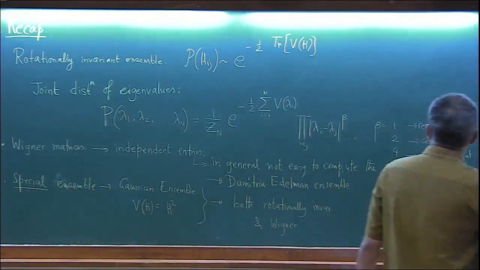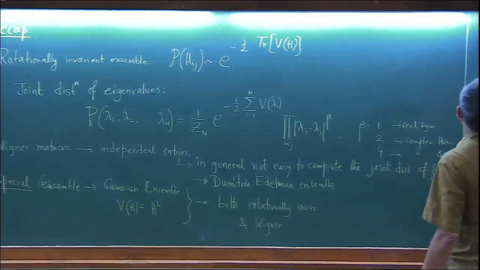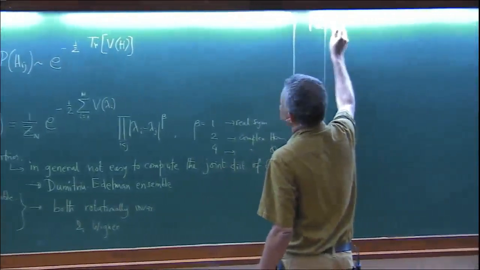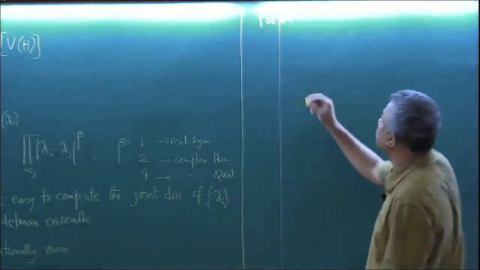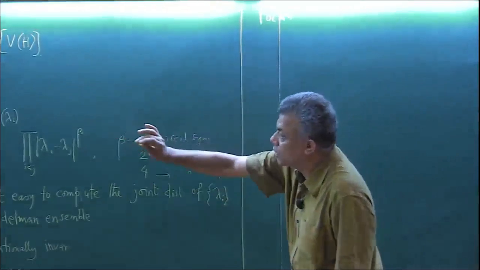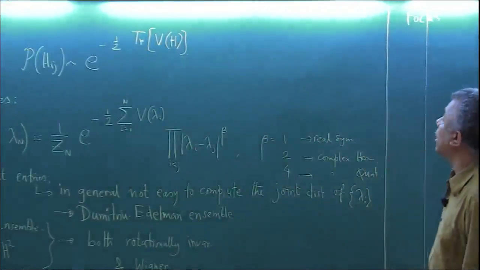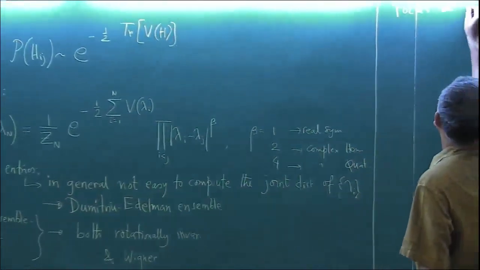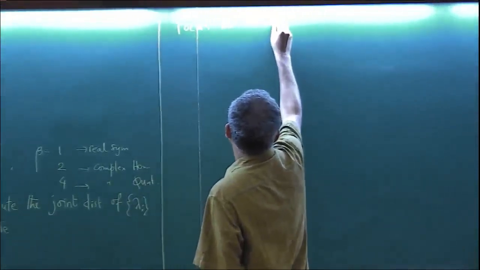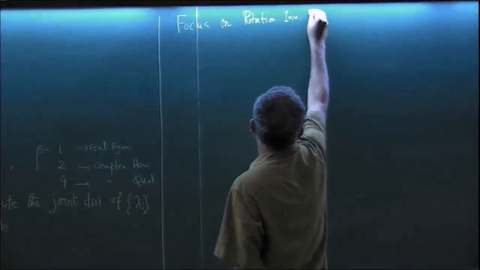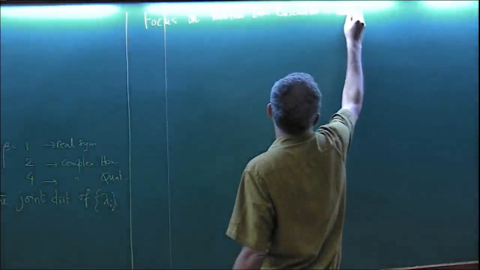From now on in this lecture, I'll focus only on the Gaussian case. Although, as far as the joint distribution is concerned, you can discuss any arbitrary potential V of lambda, we'll focus mostly on the rotationally invariant ensemble, but with V of lambda equal to lambda square. In general, rotationally invariant ensembles, and in particular the Gaussian case.